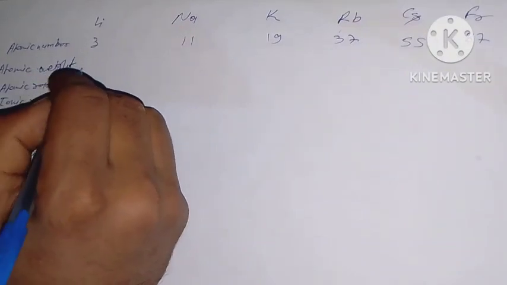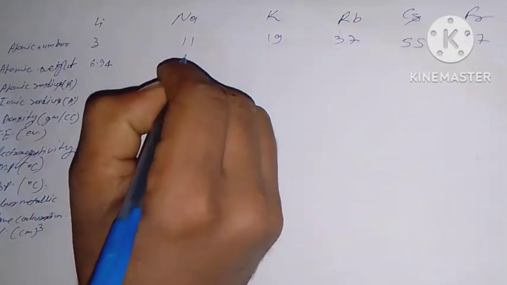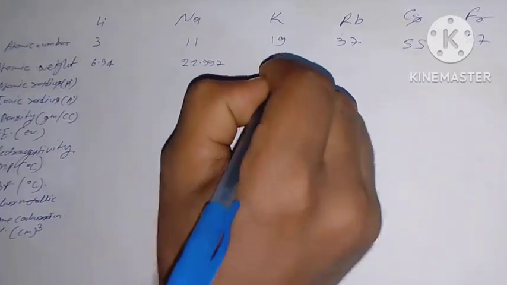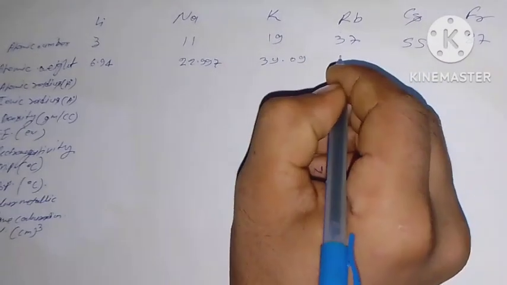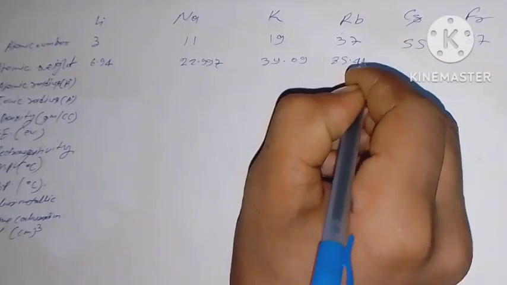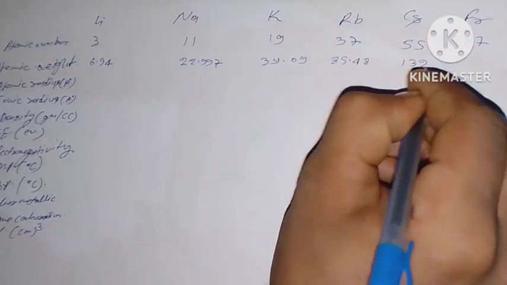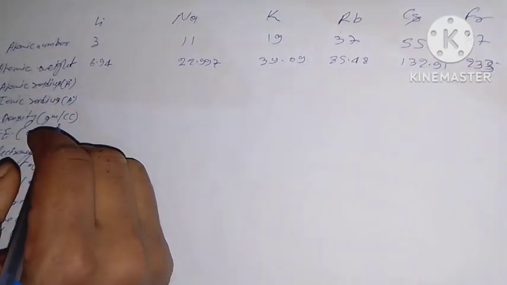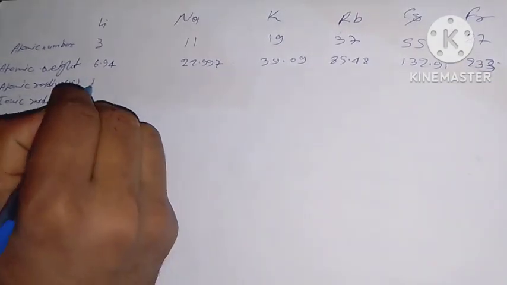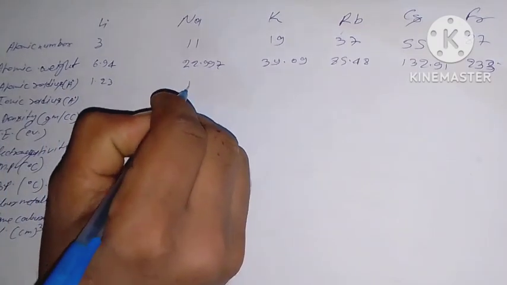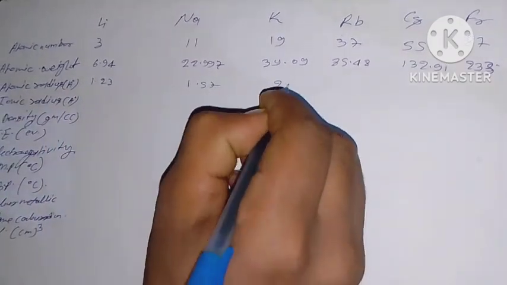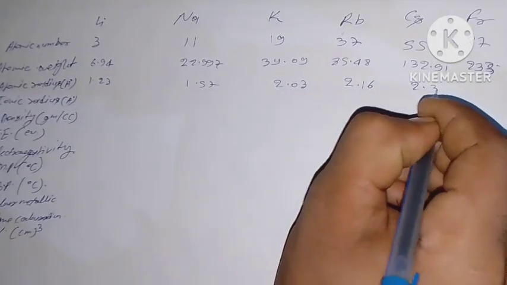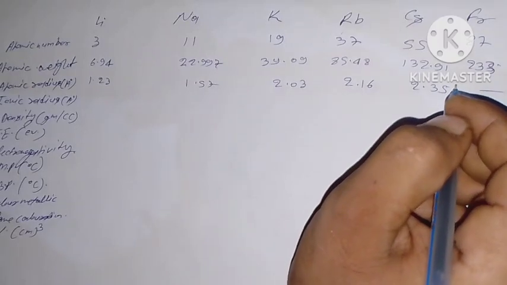Atomic weights: lithium 6.94, sodium 22.997, potassium 39.09, rubidium 85.48, cesium 132.91, and francium 233. Atomic radius: 1.23, 1.57, 2.03, 2.16, 2.35.